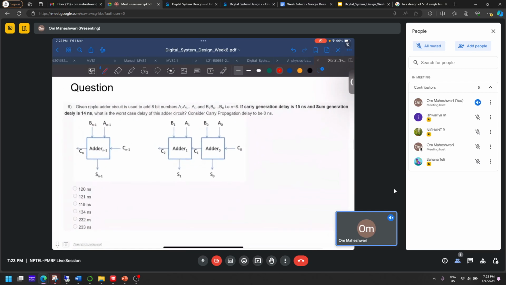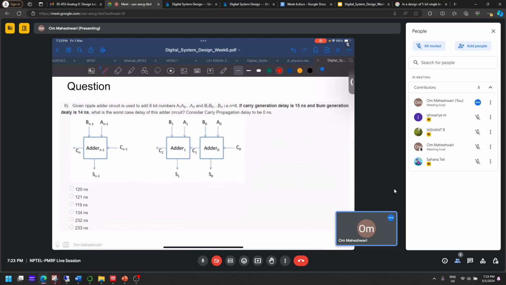Okay, so next we have is given the ripple carry adder circuit, which is used to add 8 bits, A7 to A0 and B7 to B0. If carry generation delay is 15 nanoseconds and sum generation delay is 14 nanoseconds, what is the worst case delay of this adder circuit? Consider carry propagation delay to be 0.